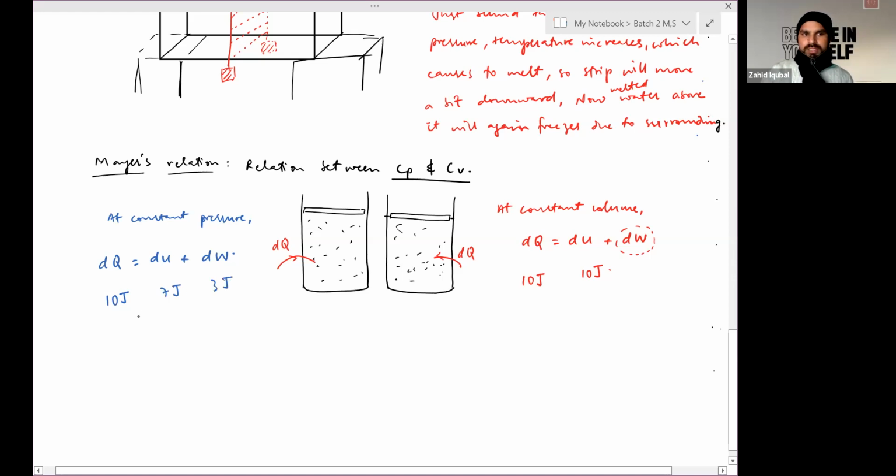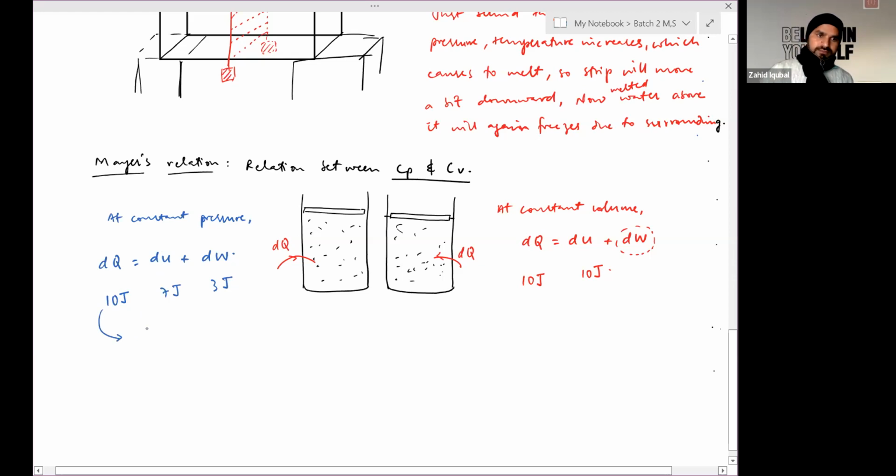Not the whole part would get converted only in terms of internal energy. So if you have to get same amount of internal energy for both these two processes, you must have to increase the amount of heat supplied to the system.